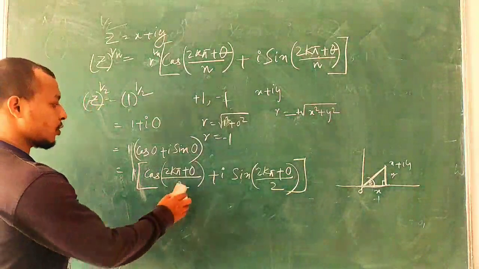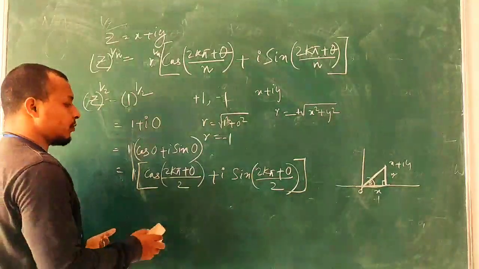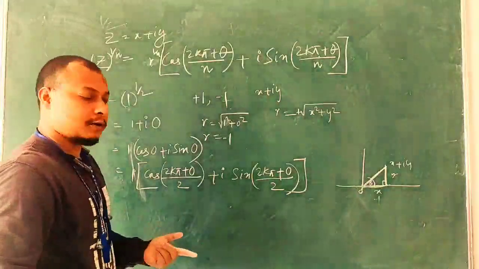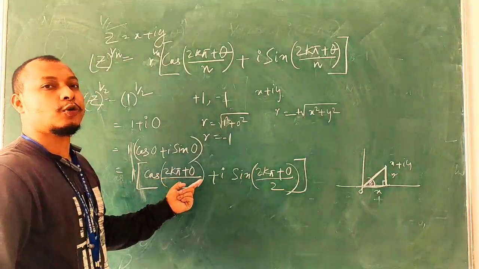Anything you add with 0 stays the same, because this is the additive identity. So 1 plus 0 is equal to 1. Similarly, 2k pi plus 0 is equal to 2k pi.